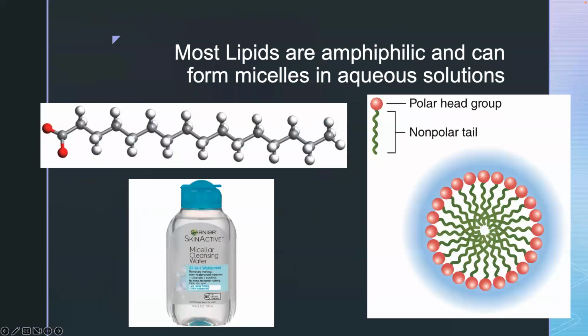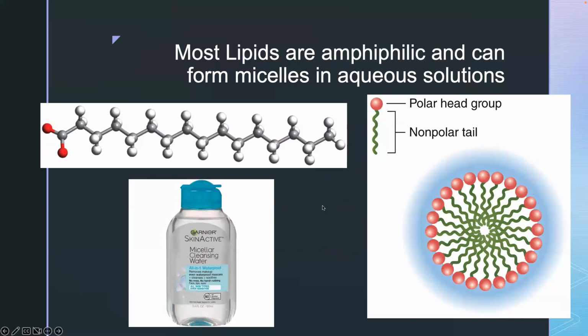So one thing we can quickly talk about, and you guys know we will go through lipids in a lot of detail in a little bit, but most lipids are amphiphilic, and they can form things called micelles, which are super cool. An amphiphilic or amphipathic molecule has both hydrophobic and hydrophilic portions.